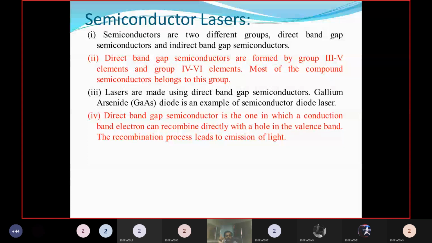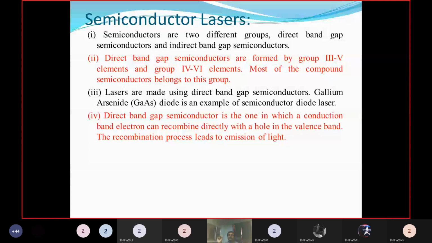Okay, so how to prepare a direct band gap semiconductor? What are the examples of direct band gap semiconductors? Here, compound semiconducting materials are the examples. How to prepare compound semiconductors?